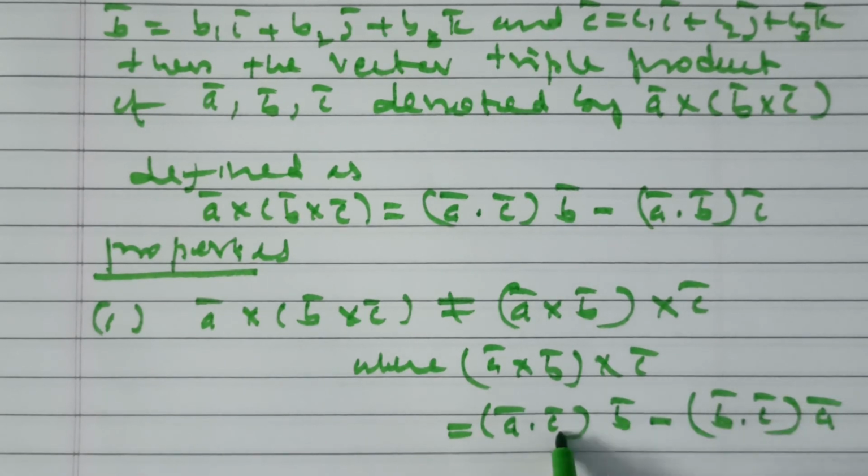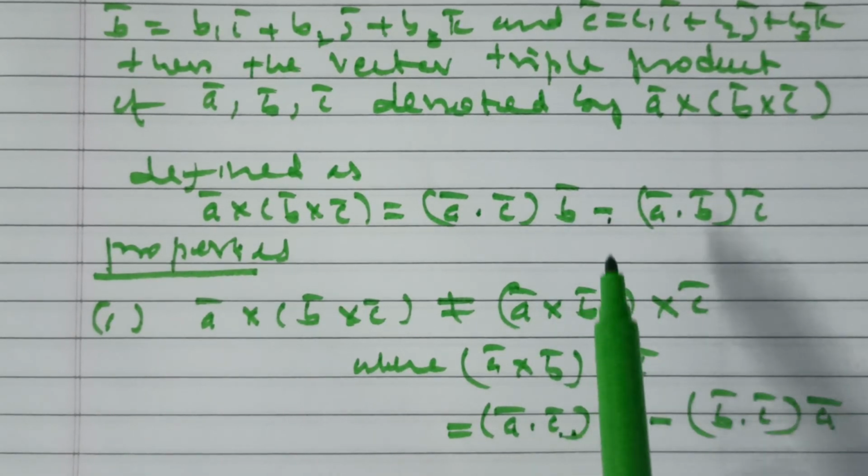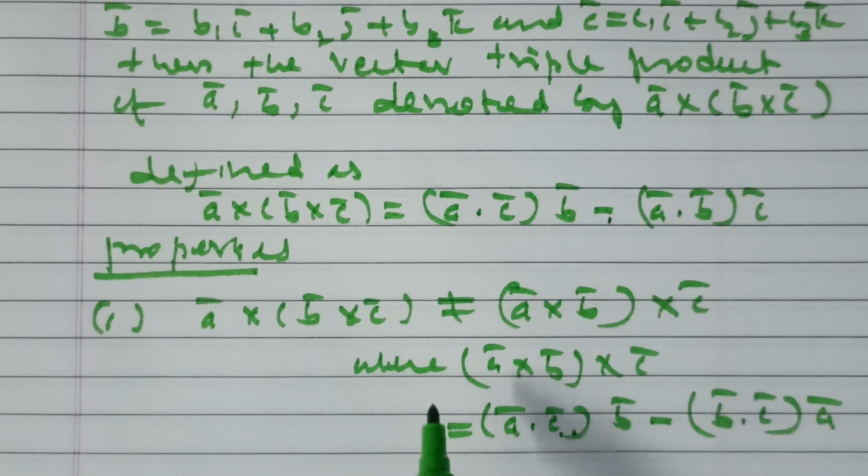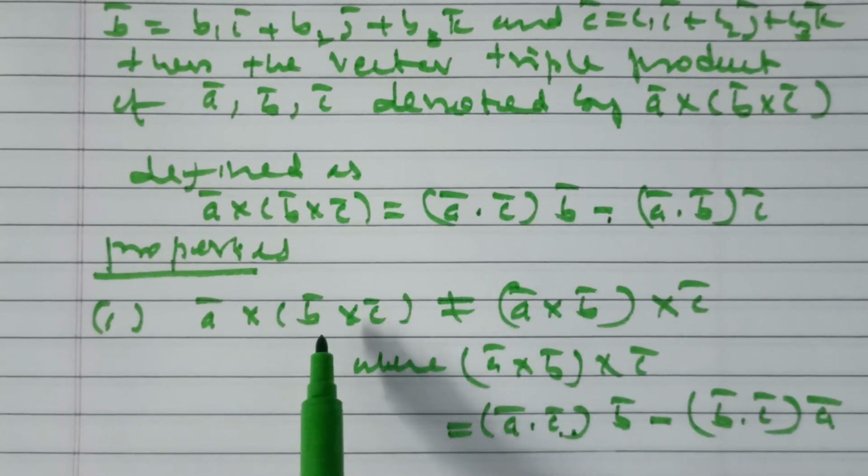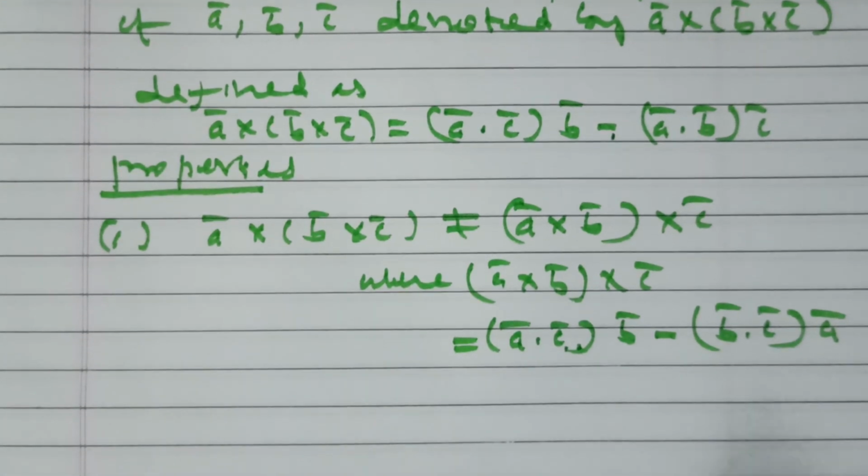So automatically this one and this one cannot be equal, so the RHS and LHS cannot be equal.